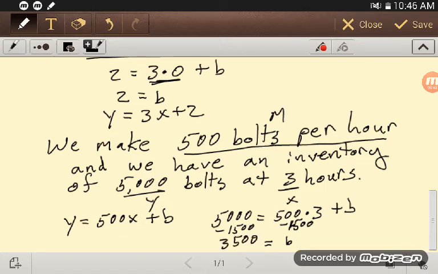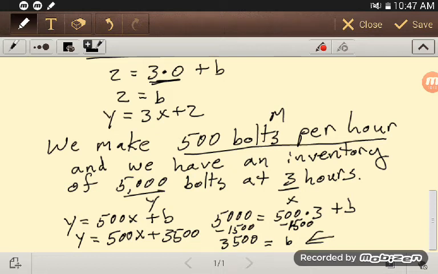So that day, whenever I started with that 3 hours, I already had 3,500 bolts in my inventory, and so I could then write this as y equals 500x plus 3,500. And that would describe my bolt making process for today at this point.